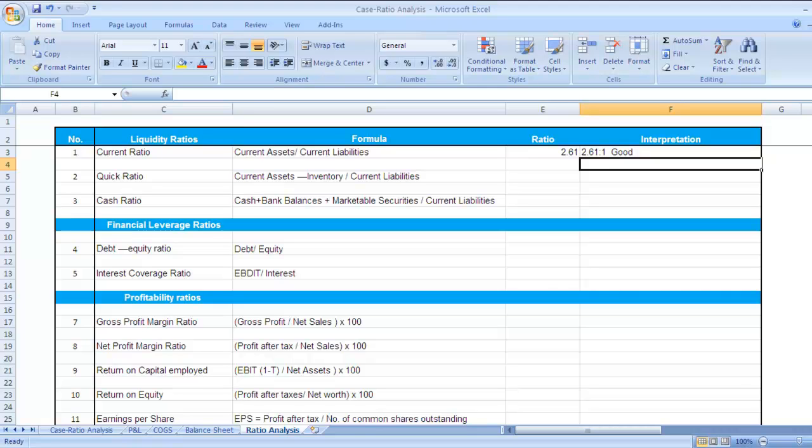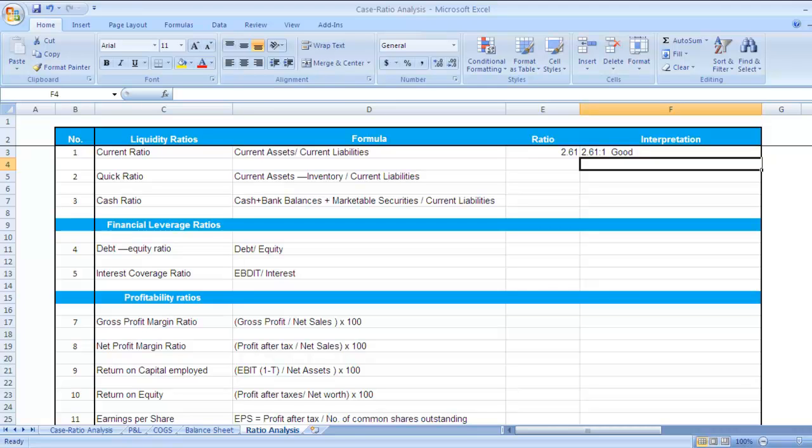This rule is based on the logic that in a worse situation, even if the value of current assets becomes half, the firm will be able to meet its obligation. The current ratio represents a margin of safety for creditors.